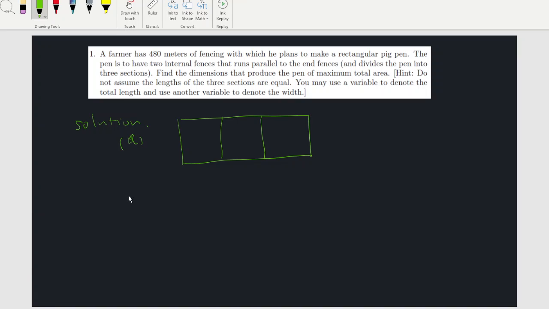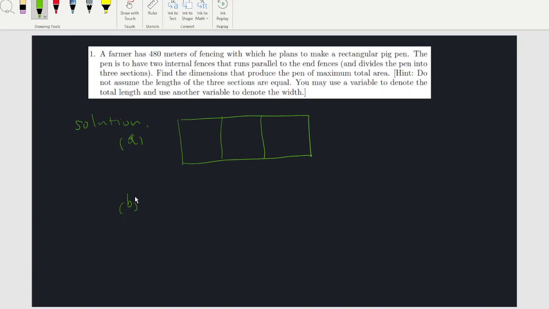And then in step B, we make a list of variables. We introduce the variables. So first of all, identify the quantity which you want to maximize or minimize. In this particular case, we want to maximize the total area. So we need a variable representing the total area.